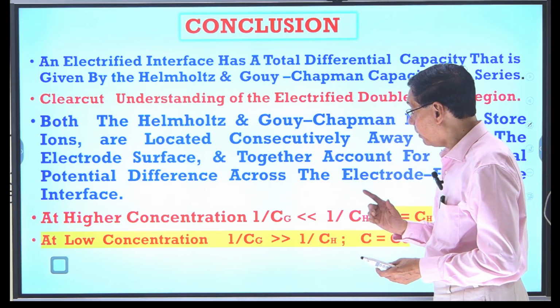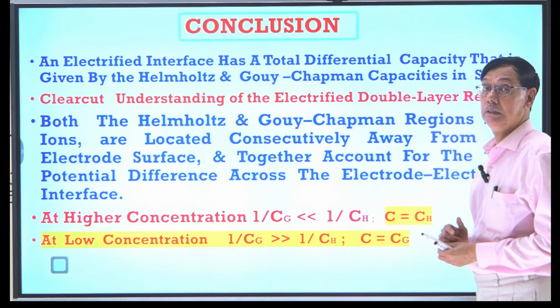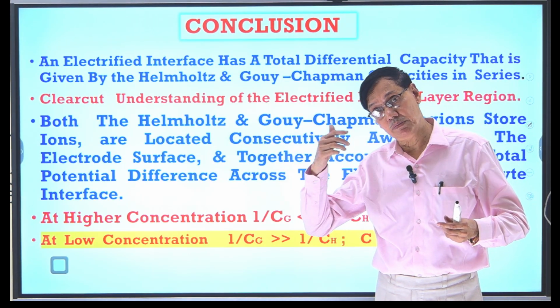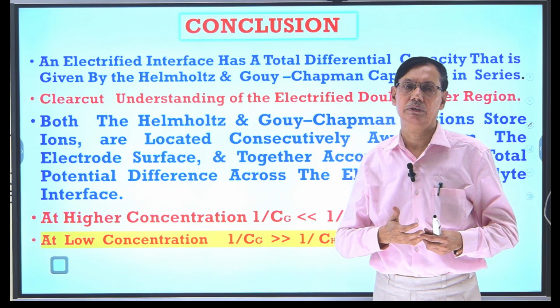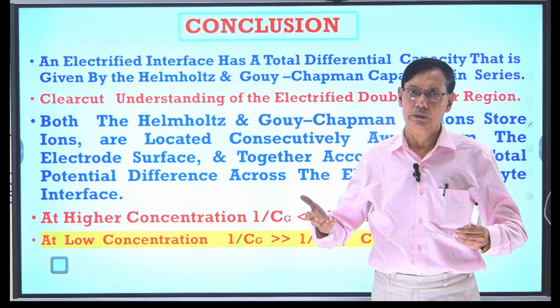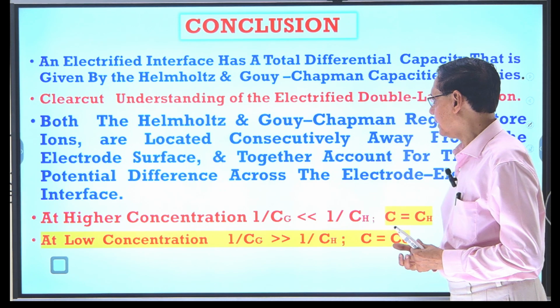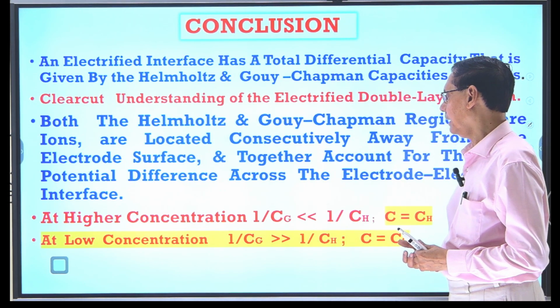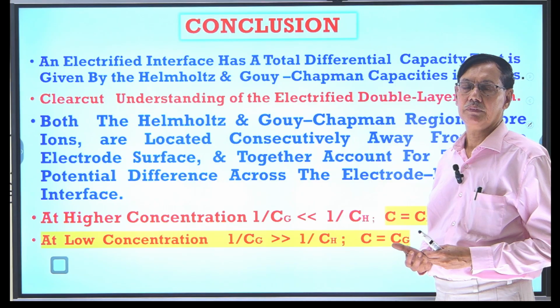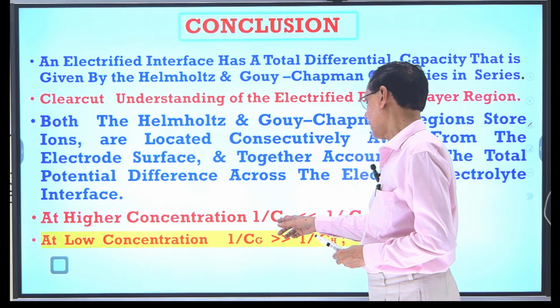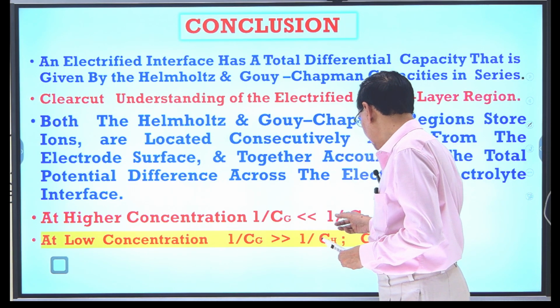But what is important is that you must consider this thing, because when you take a plot of Gouy-Chapman between the differential capacitance and potential, there is a mismatch. So if the concentration is very high, at higher concentration, 1 by CG is very much less than 1 by CH.